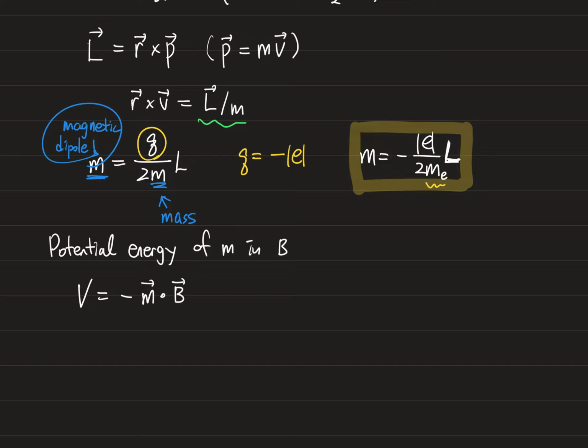So let's simplify the situation. We just apply the magnetic field along the z direction. So magnetic field B has only the component along the k vector. So k vector is the unit vector along the z axis.